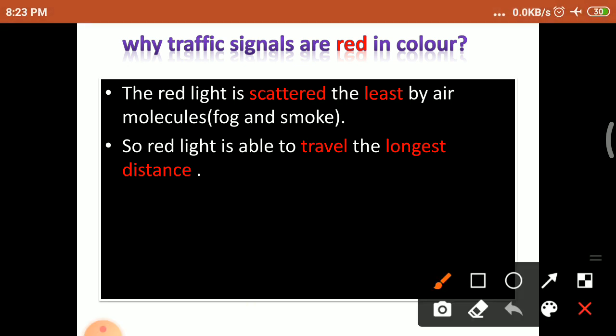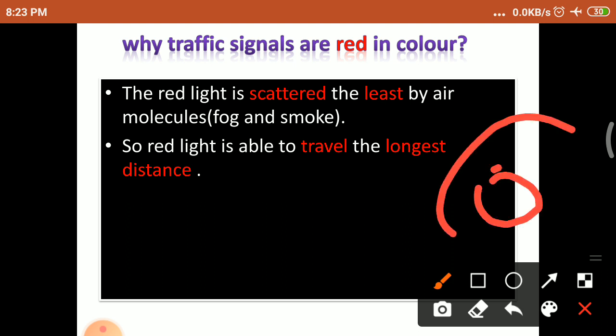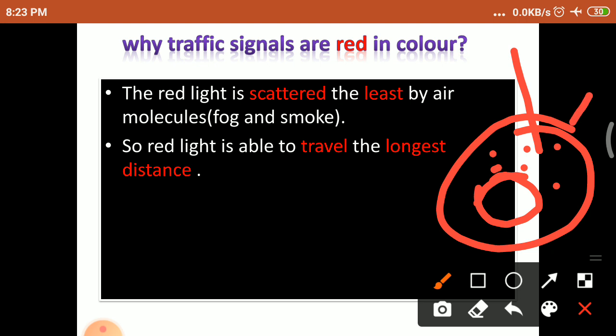Listen, you know that if you take our earth atmosphere, the earth atmosphere consisting of small size particles only. So when the light fall on the small size particles, shorter wavelengths are scattered. But the longest wavelength of red light is least scattered and it can travel for the longest distance. So that reasons the traffic signals are red in color.